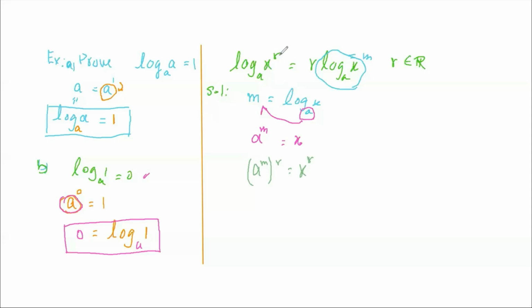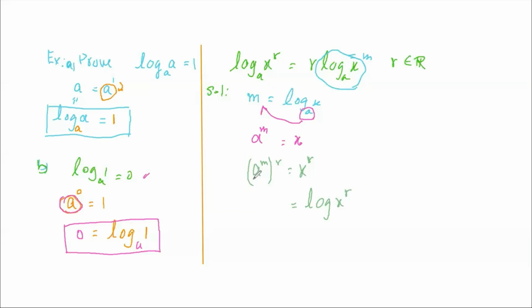Now I have X power R already. Then I need to convert to log. This is the exponent, so I will take A as the base of the exponent. So then after this, I have to take log of X power R.